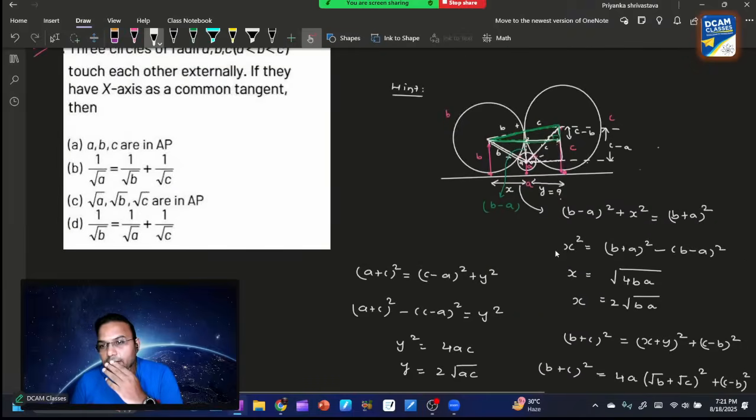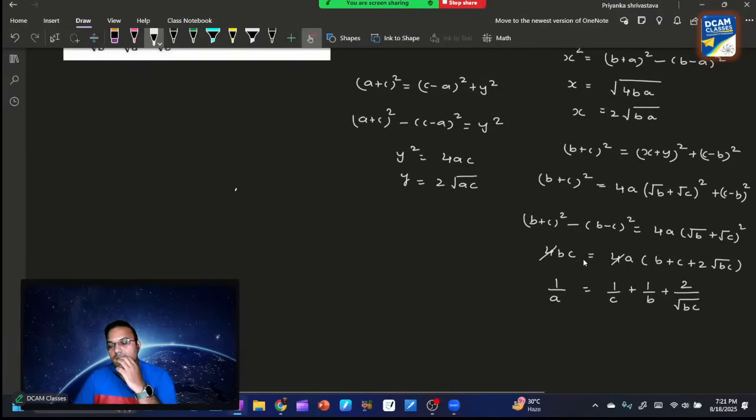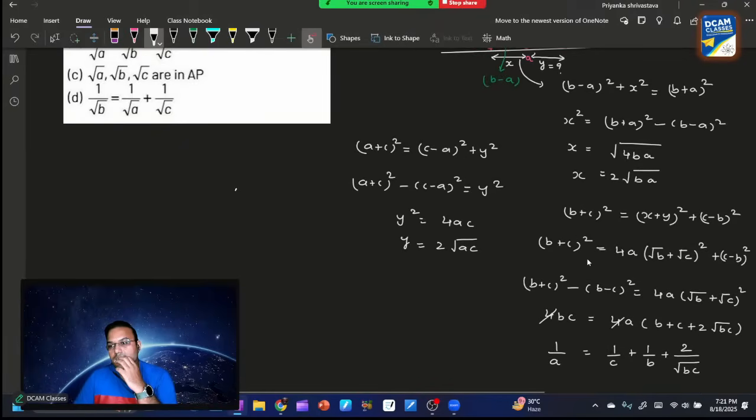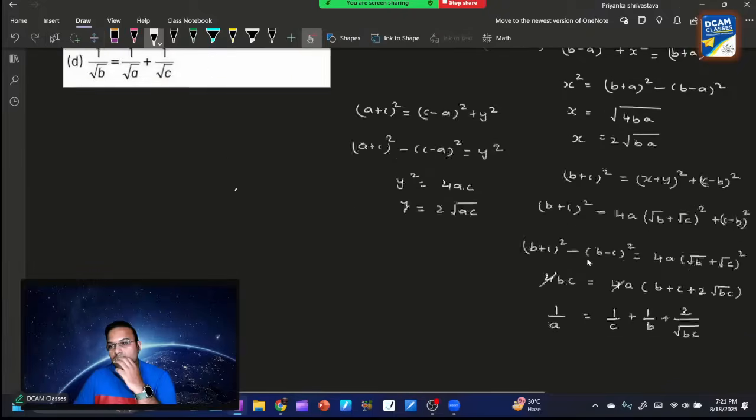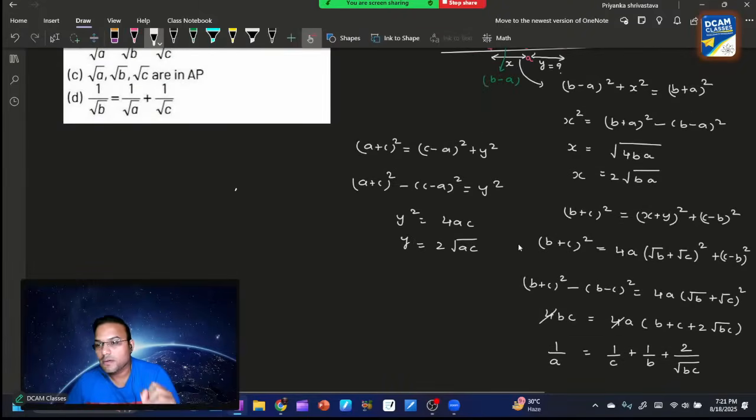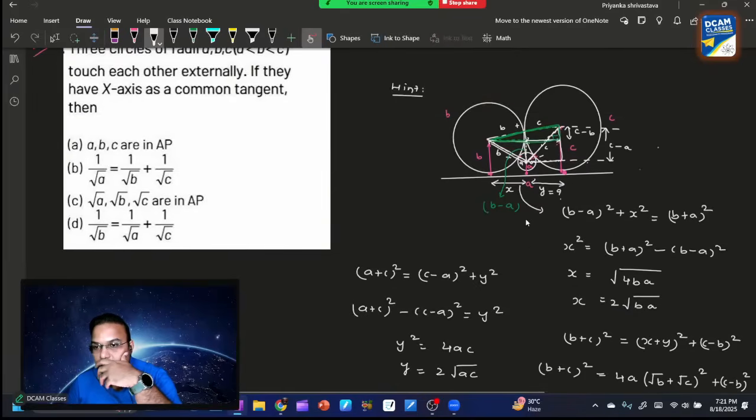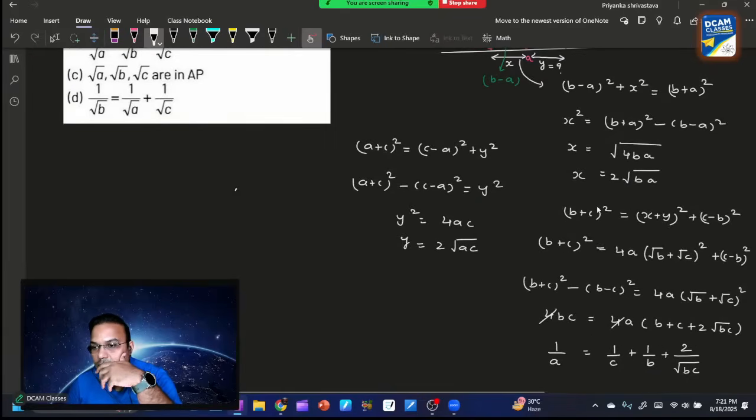What mistake are we doing? 2 root AB is equal to, so 4A plus root C whole square. This A is creating problem. Oh no.